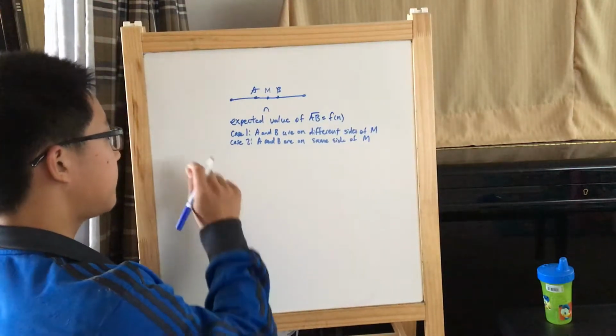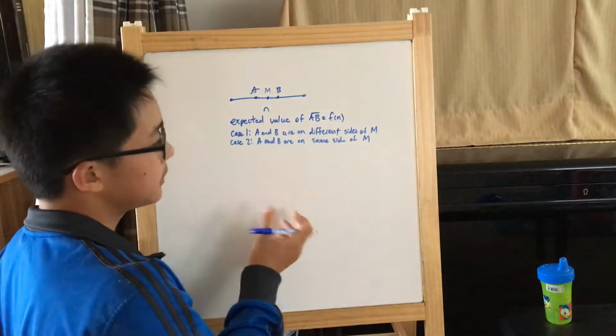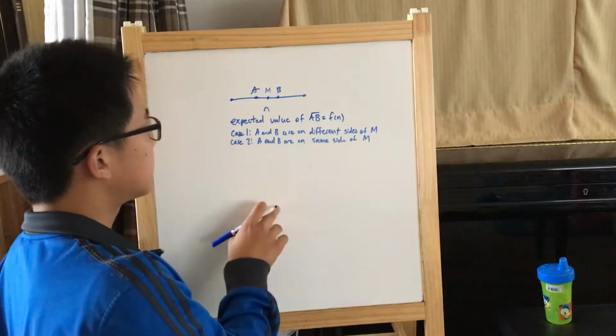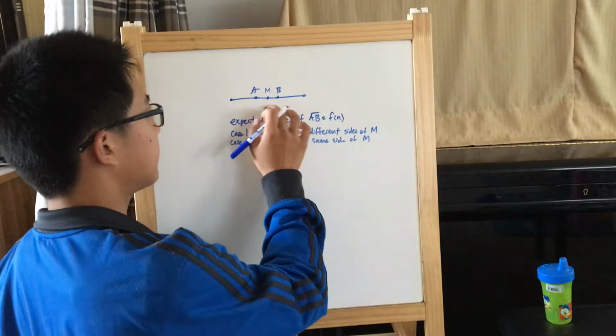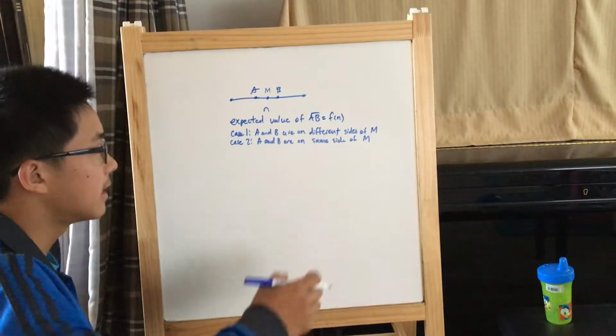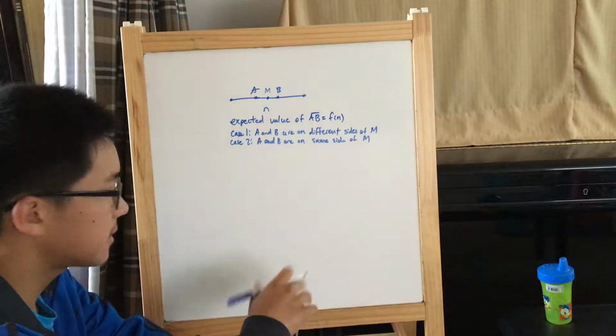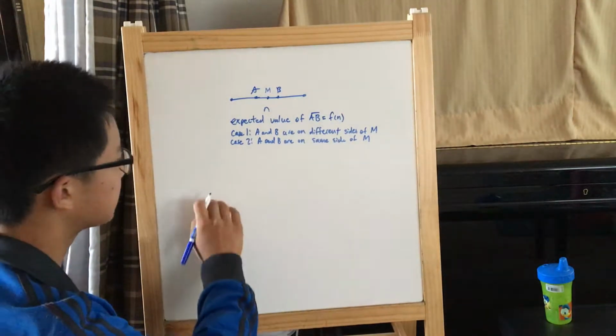Just note that these two cases are equally likely. Here's a proof. You choose A, it's on one side of M, and the probability that B is on the other side is 1/2, because M is the midpoint, so the other side is half of the entire segment. And if B is chosen on the same side, it's also half. So the geometric probability of each case is 1/2.